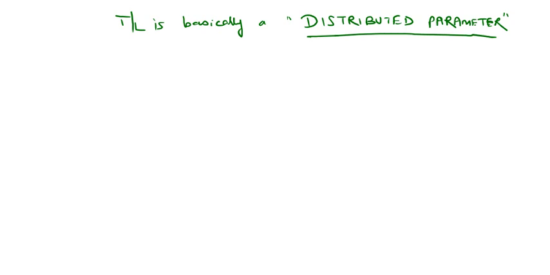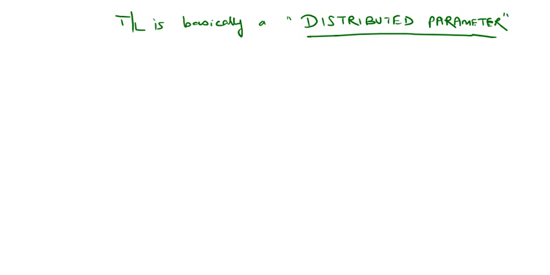So basically the transmission line is a distributed parameter network where voltages and currents can vary in amplitude and phase over its length.